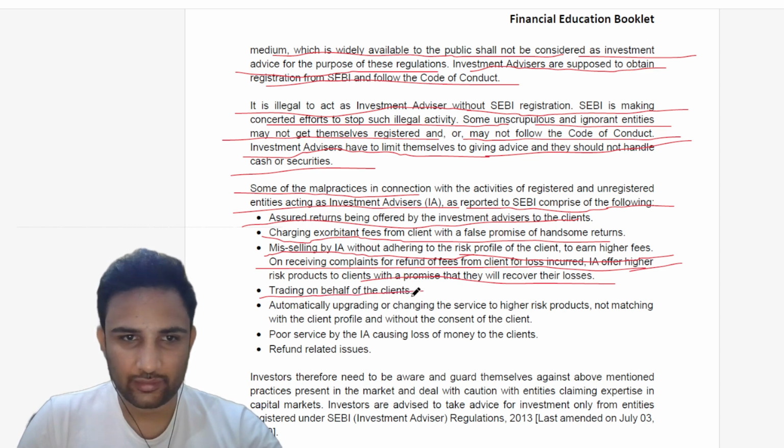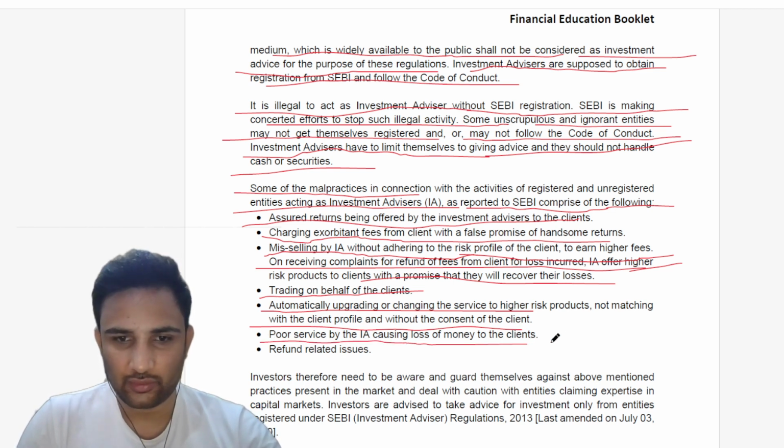Trading on behalf of clients, automatically upgrading or changing the service to higher risk products not matching with the client profile and without the consent of the client. Poor service by the investment advisor causing loss of money to the client. Refund related issues.